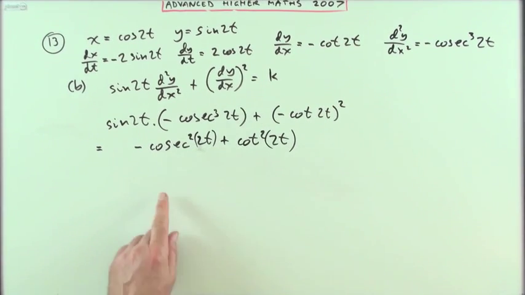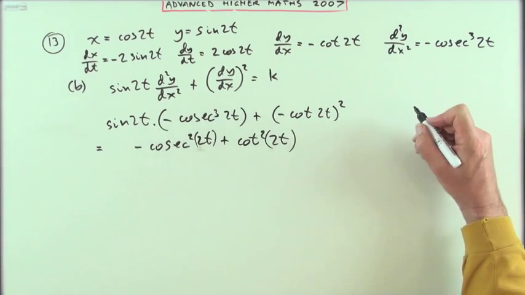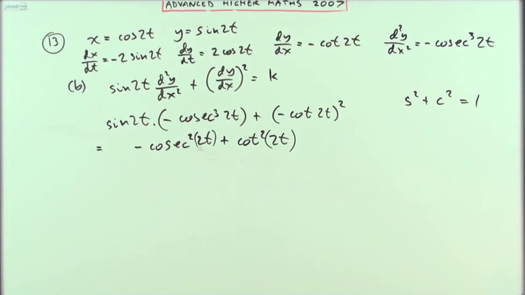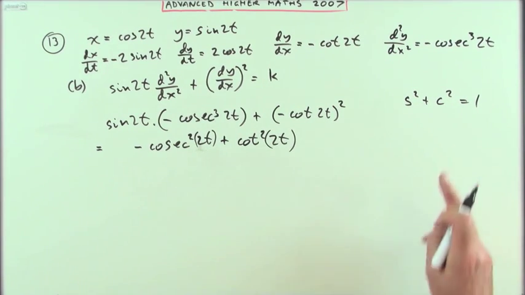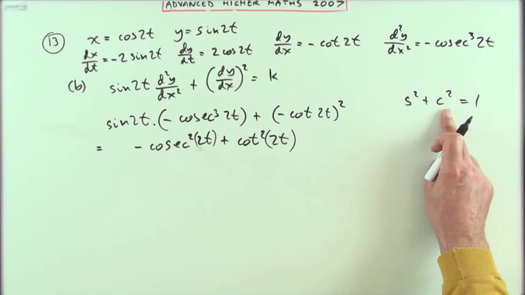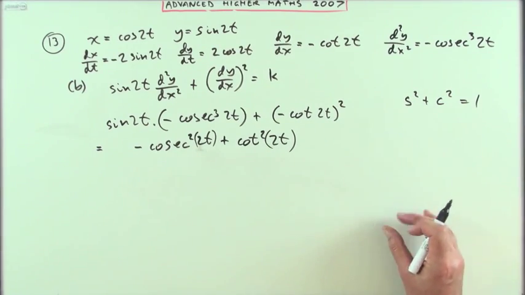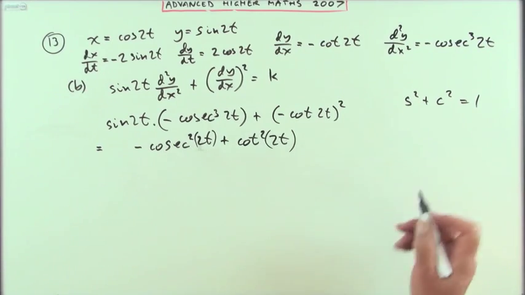Now at this point, there is a connection between these. You don't need to learn all of them, but you certainly should remember the first one. I'll just abbreviate it here. Sine squared plus cos squared equals 1. That gives a connection between sines and cosines. From that, you can derive two other identities, one involving sec, one involving cosec, depending on whichever one you want.